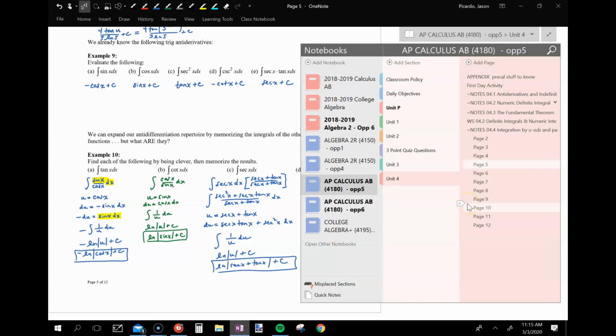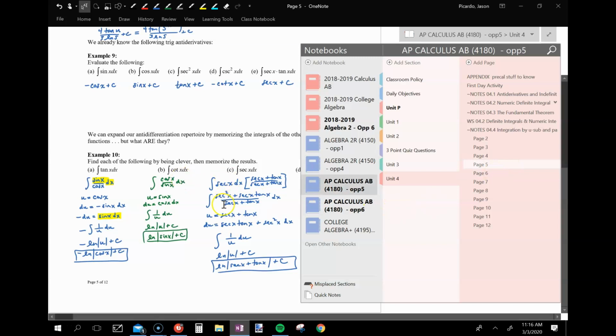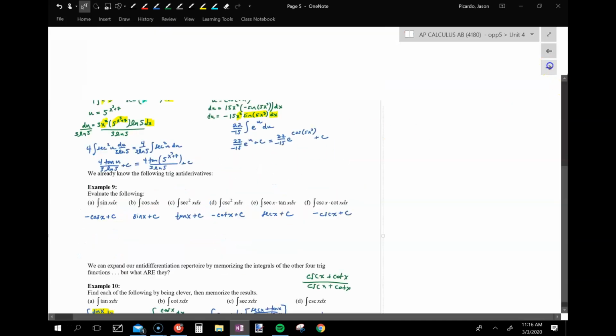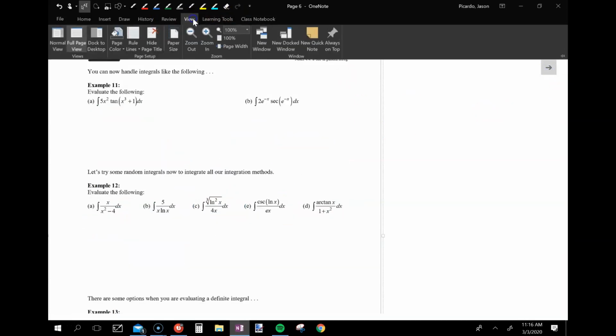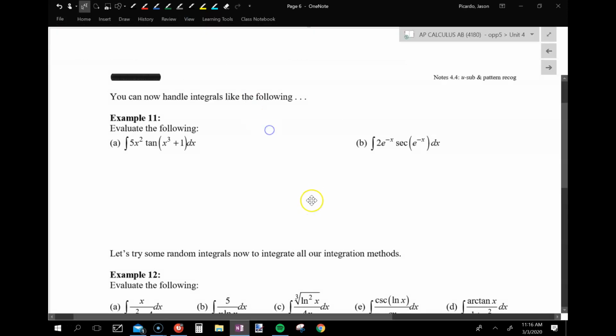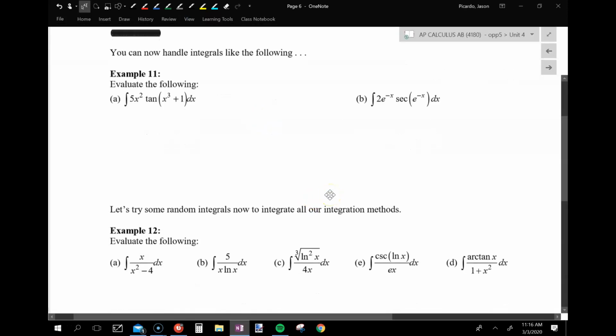We're probably going to wind up having to move that back a day. We'll see, because we're going to need at least all of today and Thursday to get through the rest of this. It's probably going to have to move back a day. It'll definitely be a test day.